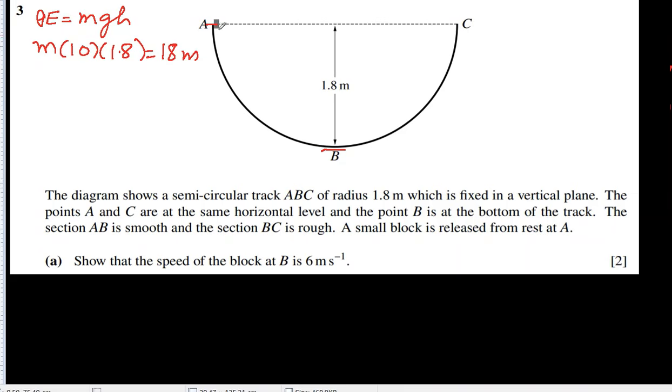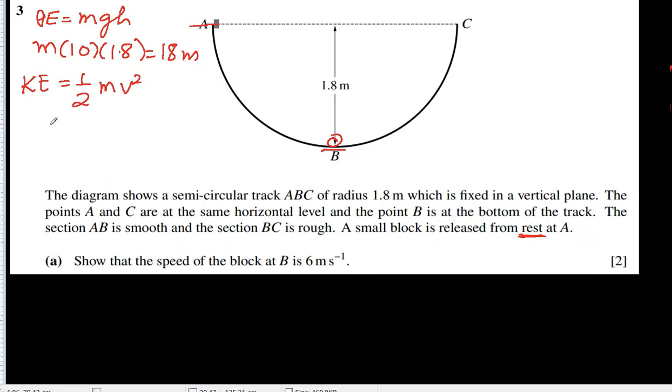All right, when it is starting, its velocity is 0 because they're saying it is being released from rest. So its kinetic energy is 0 here, and when it reaches B, it will have its maximum kinetic energy. So what will be the kinetic energy? Half mv square.